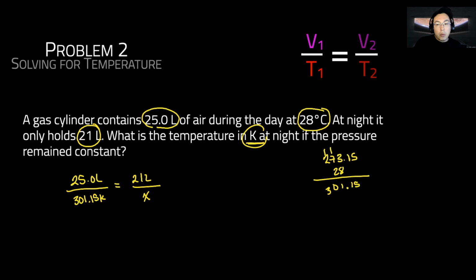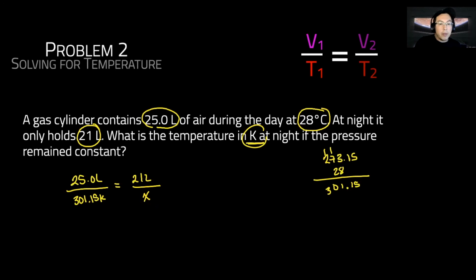Now, one common problem here is how to solve for this. It's not just sending the number in the denominator, in the numerator, all to the other side, but we need to be sure to follow the correct algebraic rules.